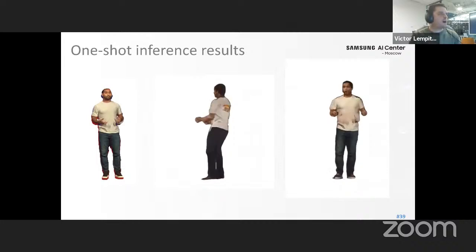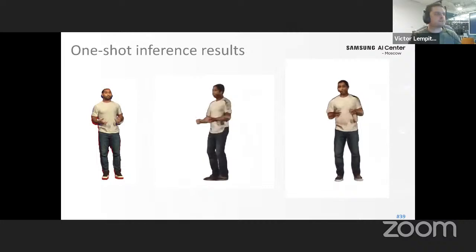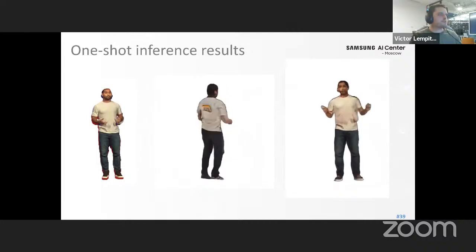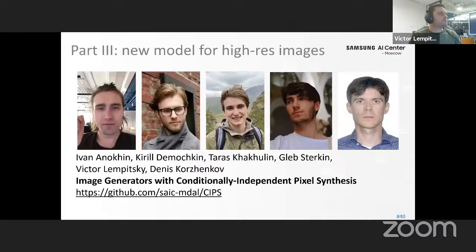Okay. So here are our results for avatars, and let me move to the last part of my talk, which is about a new generative model. And this is joint work with Ivan, Kirill, Taras, Gleb, and Denis.